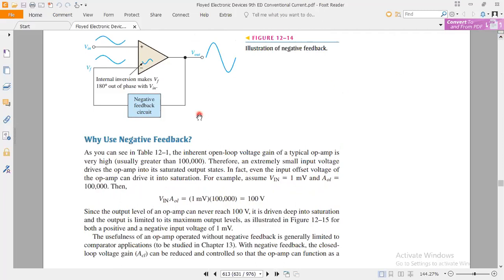These values are applicable in this figure, where you can see the applied voltage is 1 millivolt.